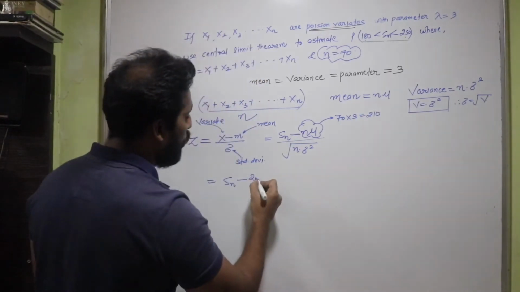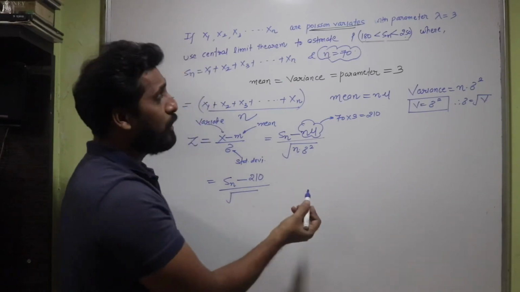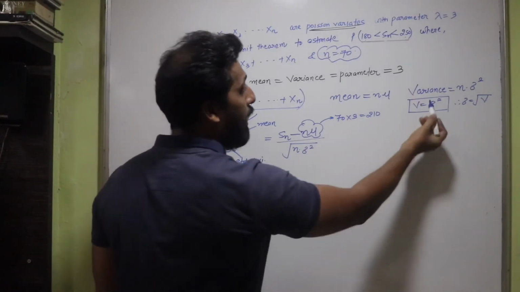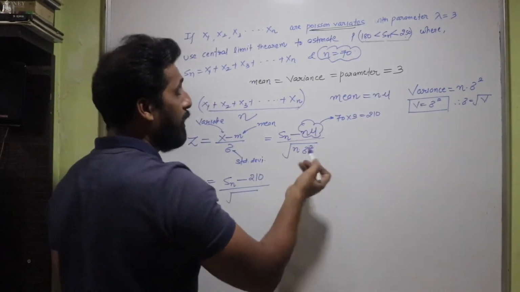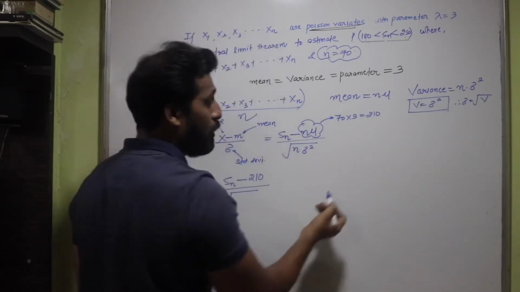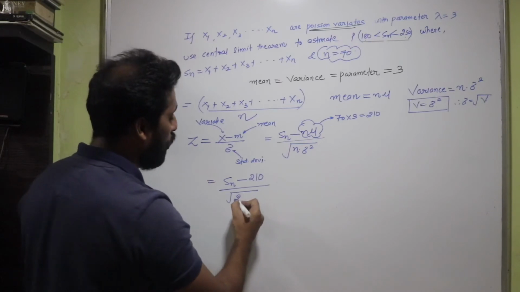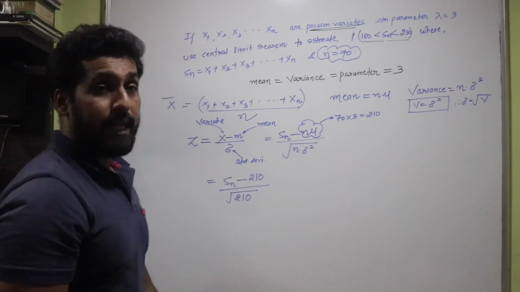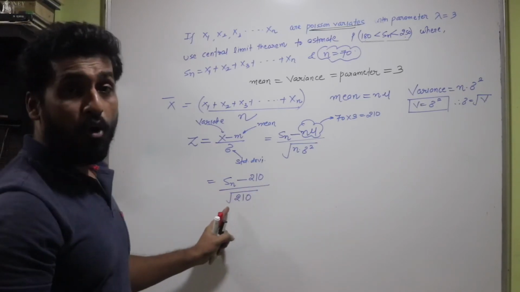So I can write here 210 divided by root of n into sigma square. Students, the value of sigma square, the variance, is also 3. We remember that variance is nothing but sigma square. So the value of sigma square is also 3, and n, as you know, is 70. So it also becomes 210. So z has become Sn minus 210 upon root of 210.